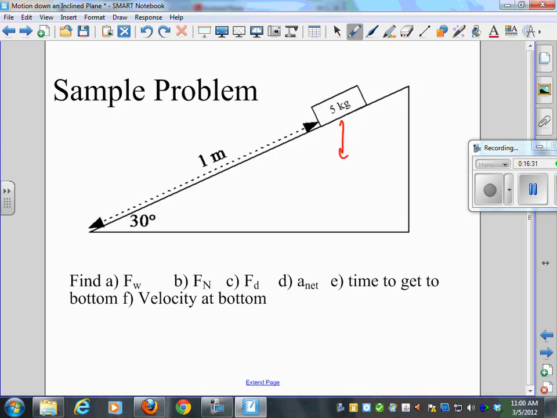But because everything is sort of twisted, some people might say, let's make down the ramp the negative and up the ramp the positive. You could do that, right? You're just assigning a direction to negative and to positive. You only need to worry about it when there are forces that are opposite. You certainly don't want to assign straight down to be negative, because then what does this become? It's not perpendicular, it's not anything. So that's why I said just leave the signs out for this particular one.